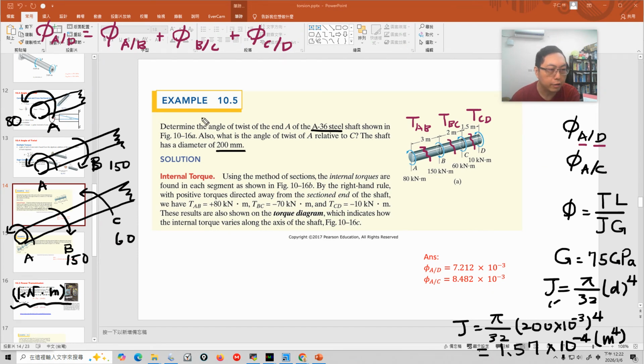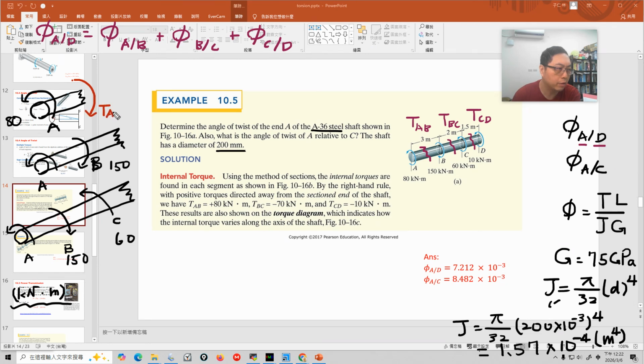So let's do the cut section method. We cut in the middle of the AB section, the middle of the BC section, and the middle of the CD section. Let's look at the first one. In the first cut section, we will have a torque AB. Which direction should I assume for torque AB? This direction.